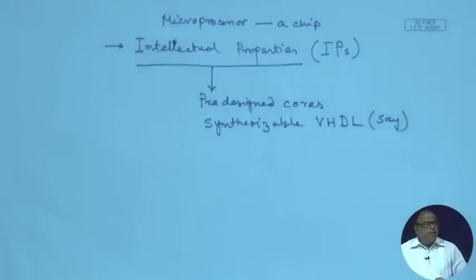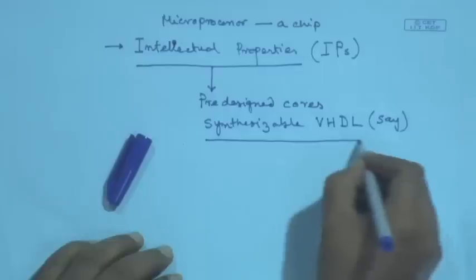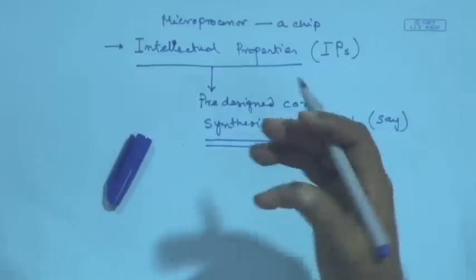For example, I have designed a processor or a part of the processor, and I have tested it. Now, that description I am offering to others as a synthesizable form of VHDL code. VHDL is VLSI hardware description language.